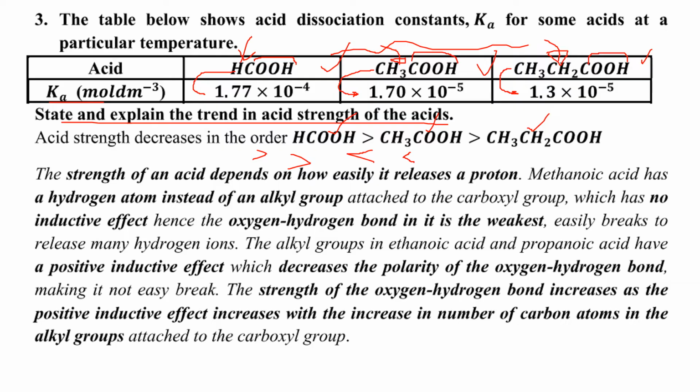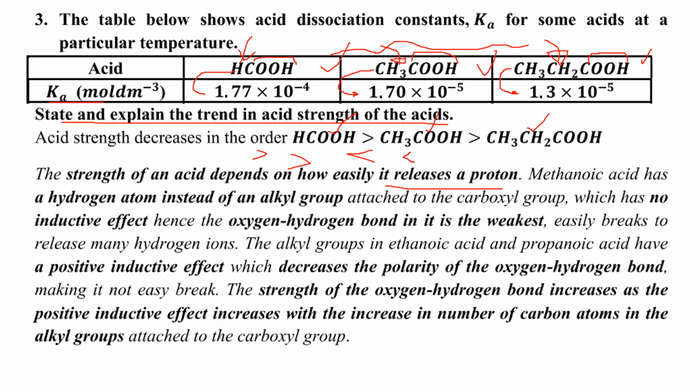Before explaining anything related to acid strength, you have to first state the factor on which acid strength depends, which is how easily it is to release a proton. That's your first thing before you start explaining.